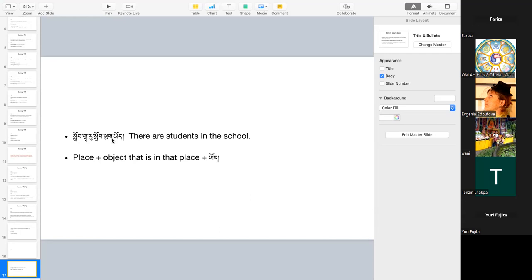No, maybe I said it wrongly. It means that, for example, if I say that Genla says that there are students in the school, so I'm saying it. So in that case, you use a different particle, which says that Genla said there are students in the school.